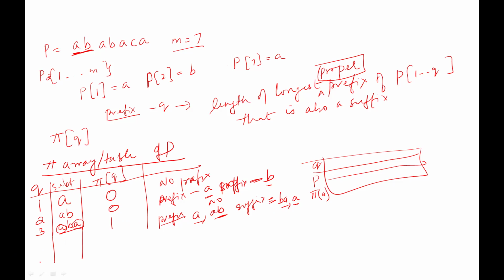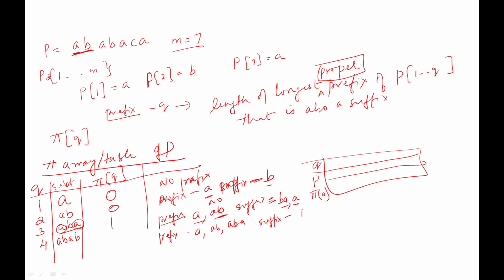Now when Q is equal to 4, we have 4 characters A, B, A, B. Now what are the prefixes? The prefixes are A, then AB, then ABA, right? Now what is the suffix?